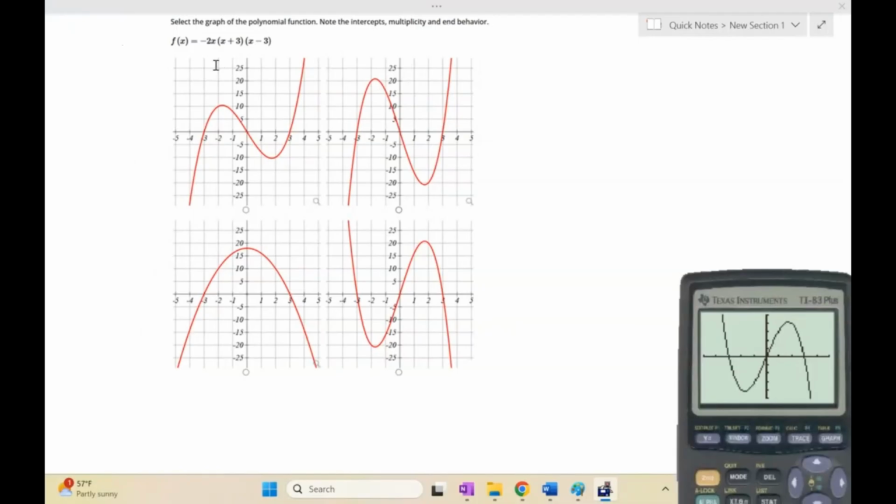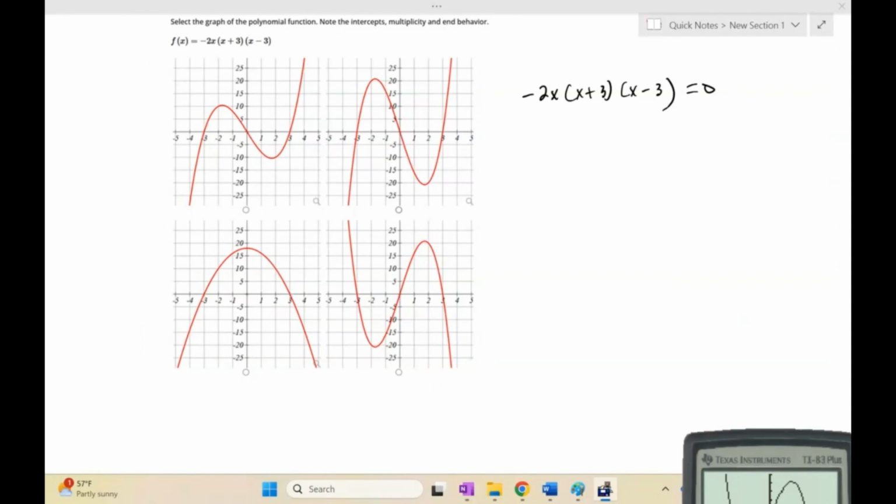First off, I would set this equation equal to 0. All right, anything in standard form is set equal to 0. I would use the 0 factor property.